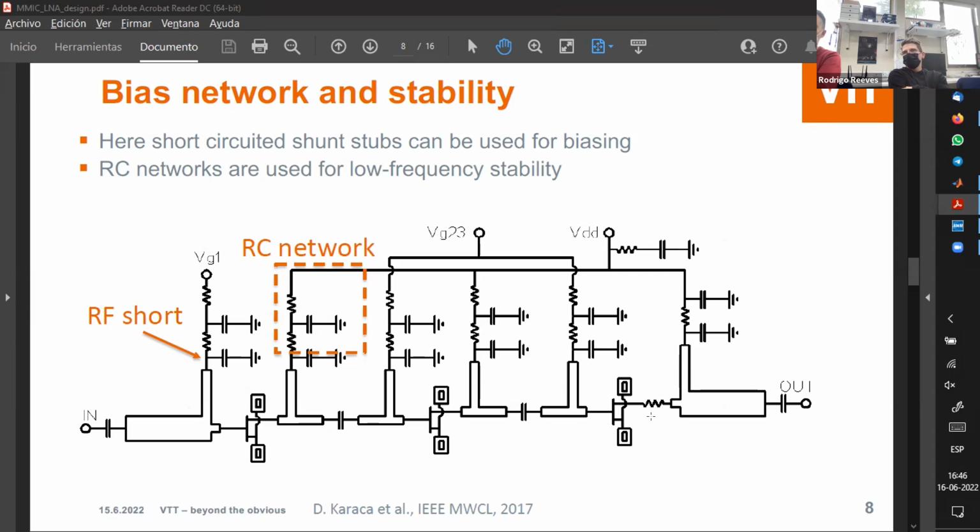Okay, cool. And then for very low frequency stability, there are some more series resistors in the network. Those in particular on the upper section are also small value resistors, but they are used to load. When we assemble this chip to, for example, a carrier or PCB, we wire bond it to a PCB where we have a biasing network.